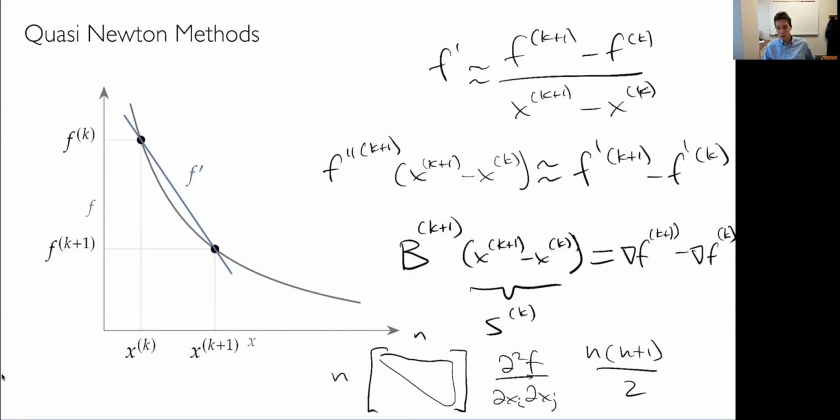Now we have 2 times n equations, but essentially n squared unknowns, n times (n+1) over 2. So we still have more unknowns than equations. Or in other words, there are an infinite number of possibilities for B. So we're going to have to do something more to come up with an answer here.